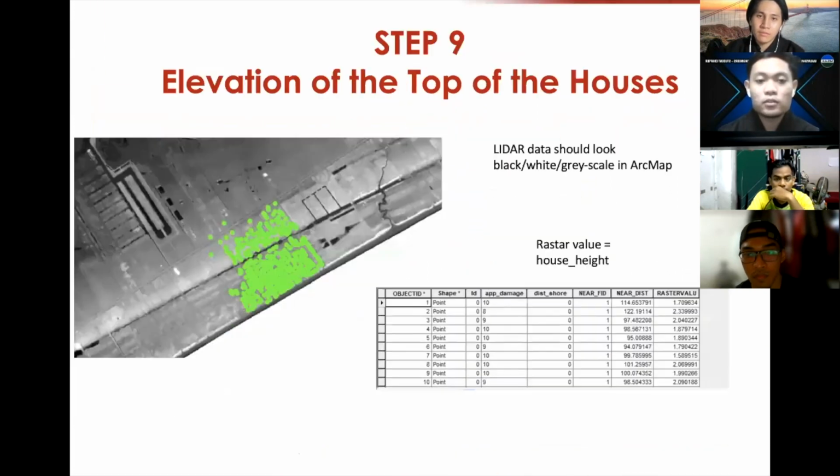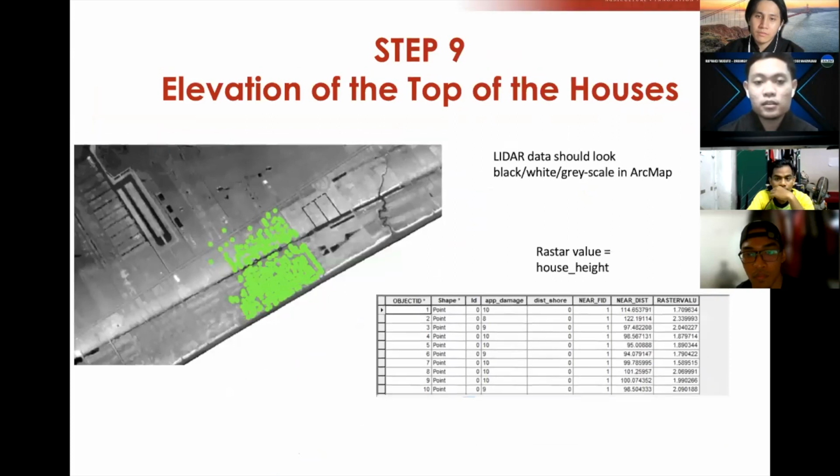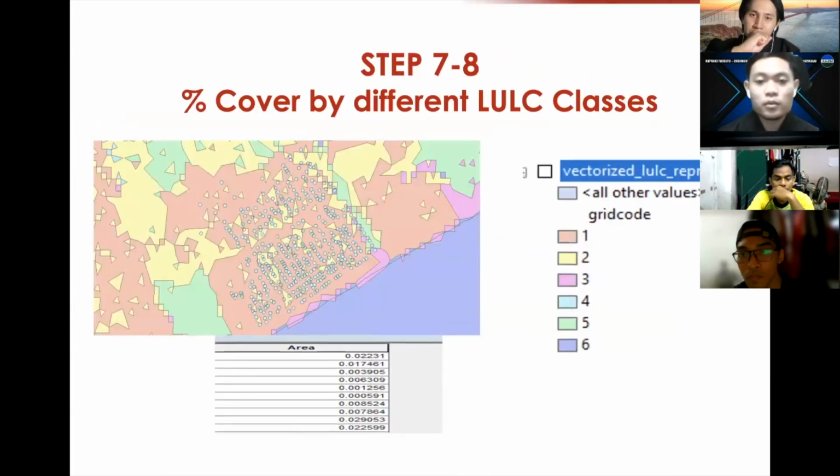Next, we go to Arc Toolbox, then Data Management Tool, Projections and Transformations, Feature, Project, and then make the vectorized LULC the input file. Then to make the output coordinate system, choose import and select the house group number .shp file. Then click OK.